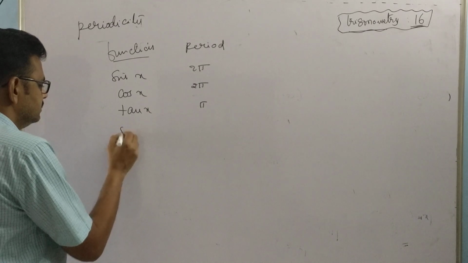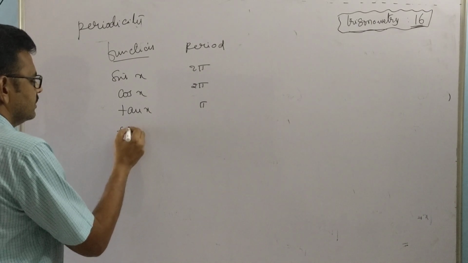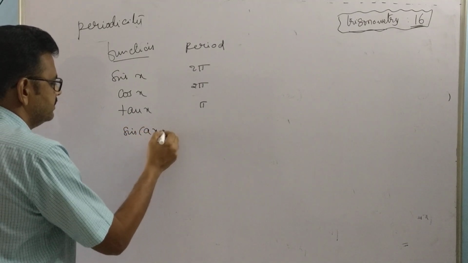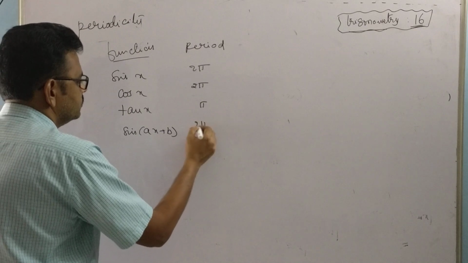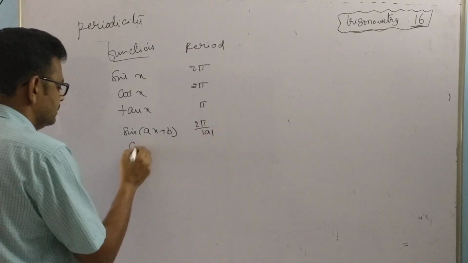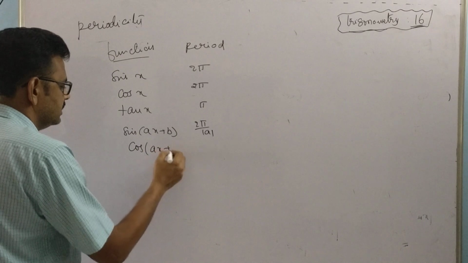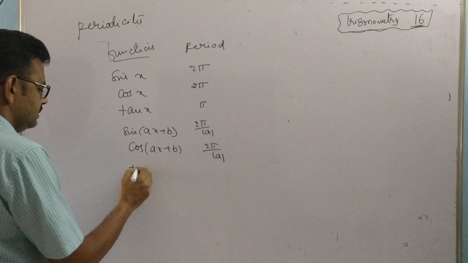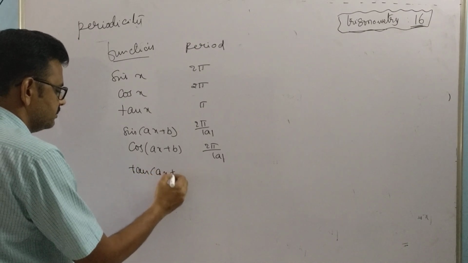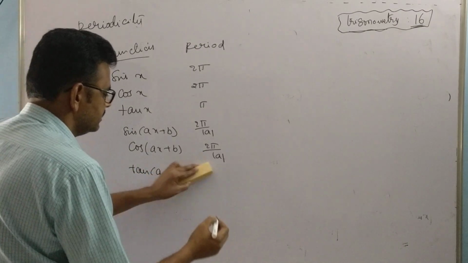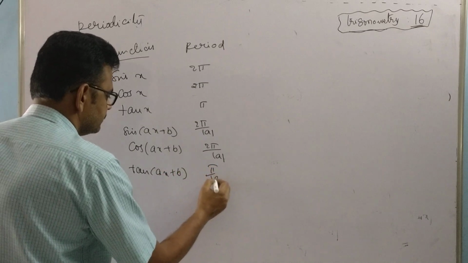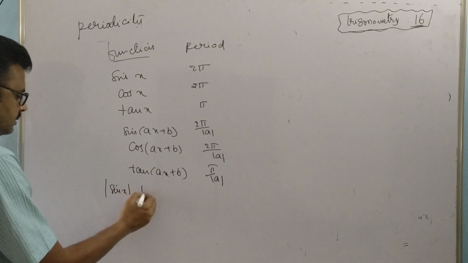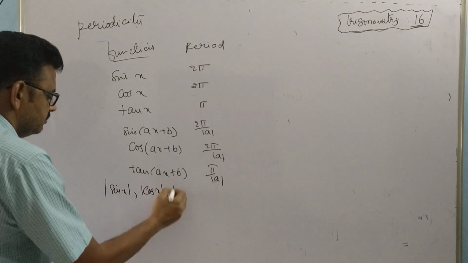Now if f of x is sin of ax plus b, the period is 2 pi by mod a, and cos of ax plus b is 2 pi by mod a, and tan of ax plus b is pi by mod a.